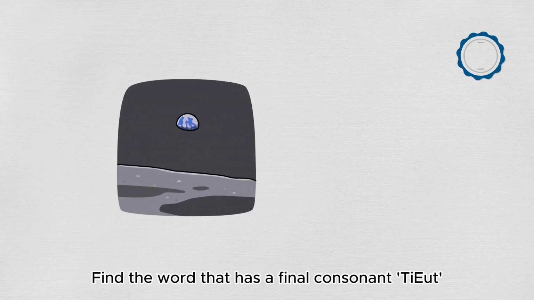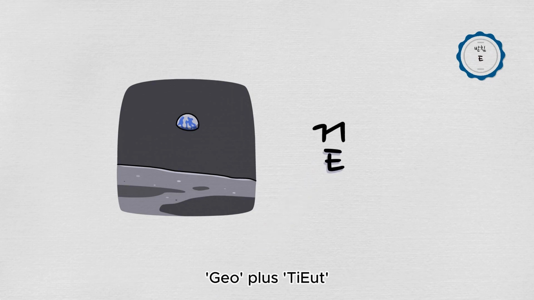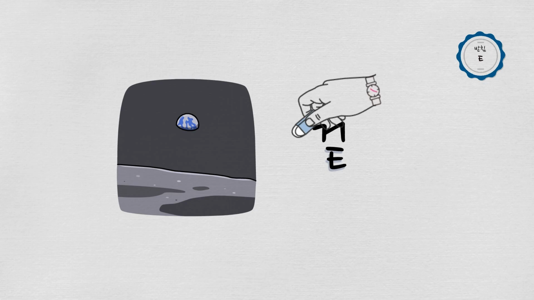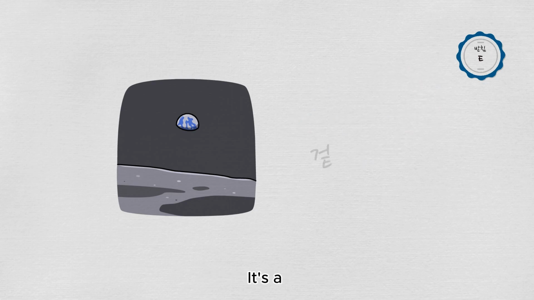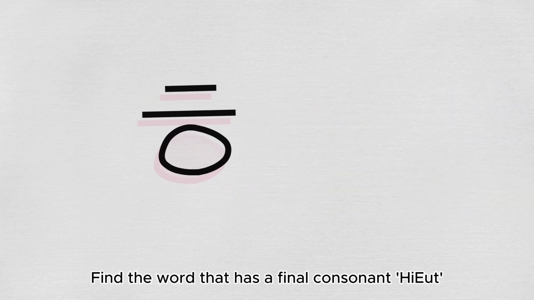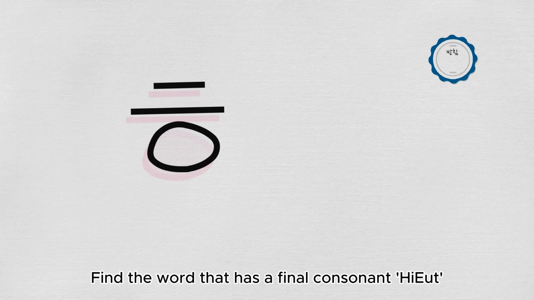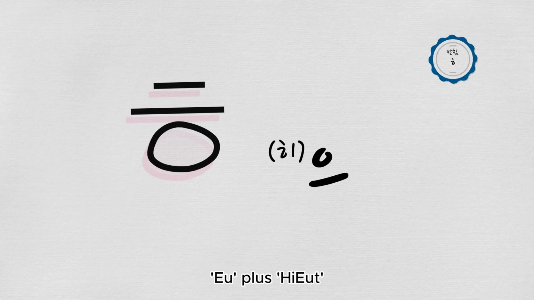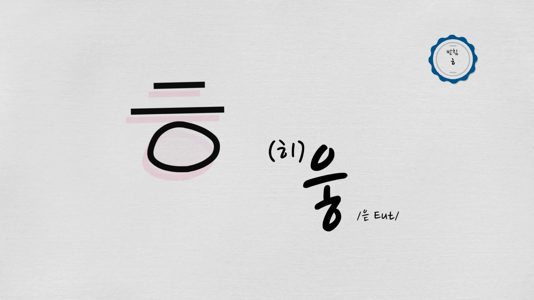Find the word that has a final consonant. 티읕, 꺼 plus 티읕, it's a 겉, the surface. 겉. Find the word that has a final consonant. 히읗, 으 plus 히읗, it's a 응.